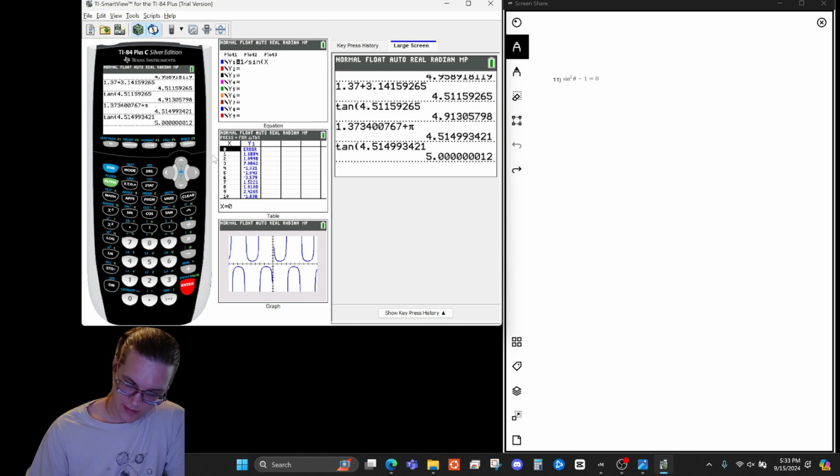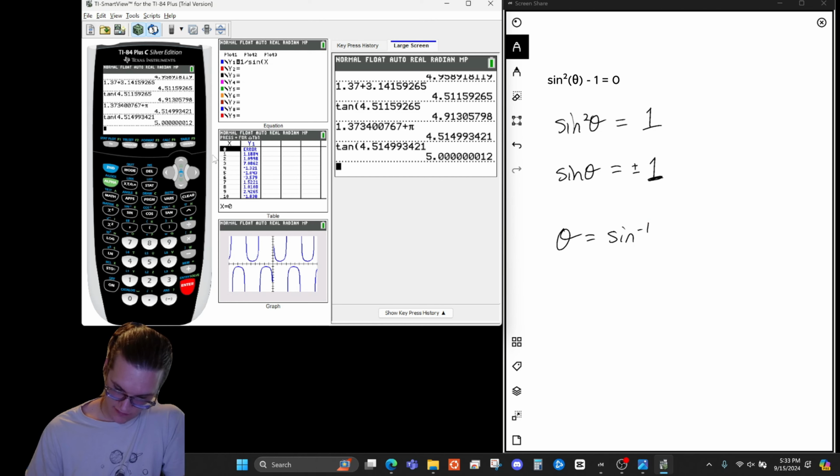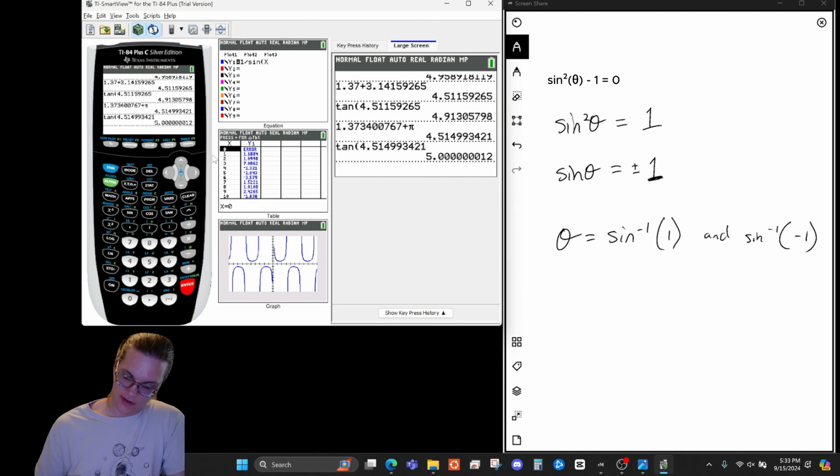So we have this problem. We'll say, okay, right off the bat, let's put that 1 over there. Sine squared of theta is 1. Sine of theta then is the square root of 1, which is 1, but we're going to put plus or minus to remind us. So theta is inverse sine of 1 and inverse sine of -1.